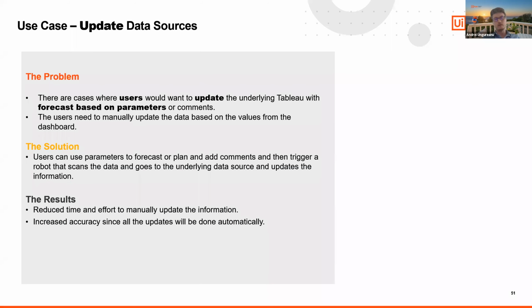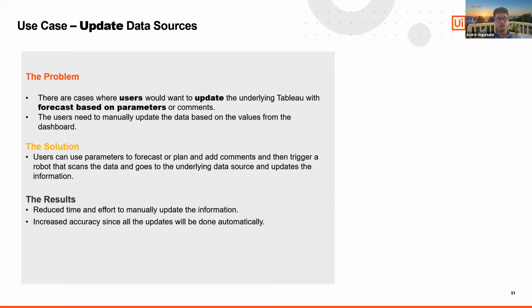And in this case, the main problem is that maybe the user wants to update the data with some of the information from the parameters that are present in Tableau, and they have to do this manually.